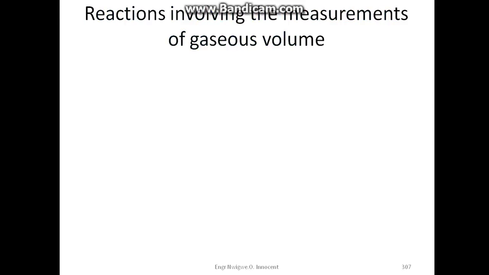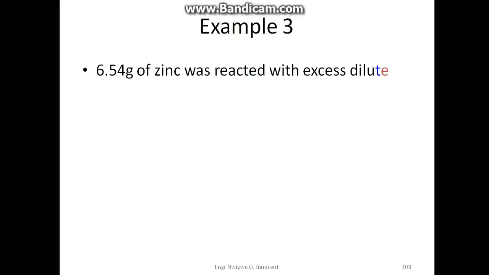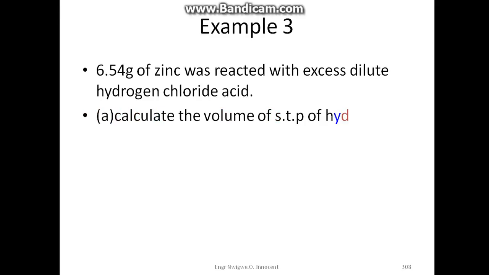Reactions involving the measurement of gaseous volume. Example 3. 6.54 grams of zinc was reacted with excess dilute hydrochloric acid. A. Calculate the volume at STP of hydrogen.